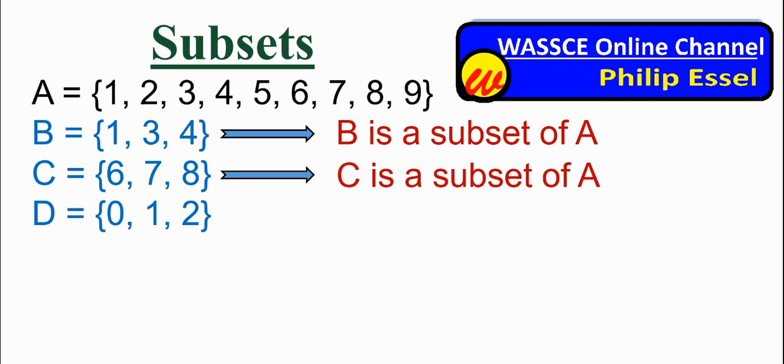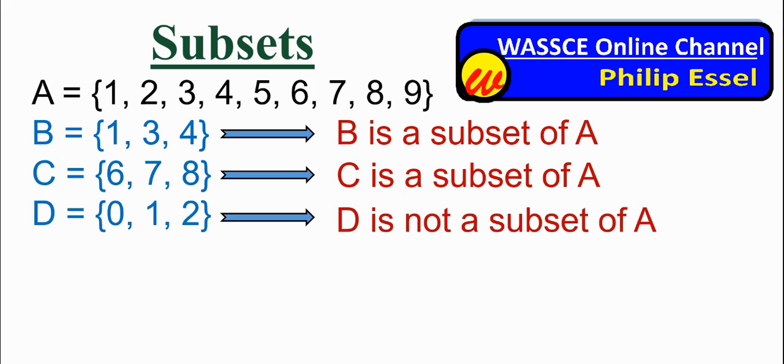Let's take the set D with its members 0, 1, and 2. The set D does not have all of its members in set A. As you can see, 0, which is a member of set D, cannot be found in set A. So, D is not a subset of A. Now, let's look at the set E with the elements or members A, B, and C. As you can see, set E is completely off.